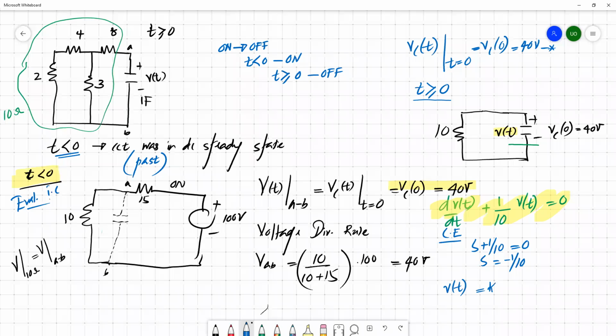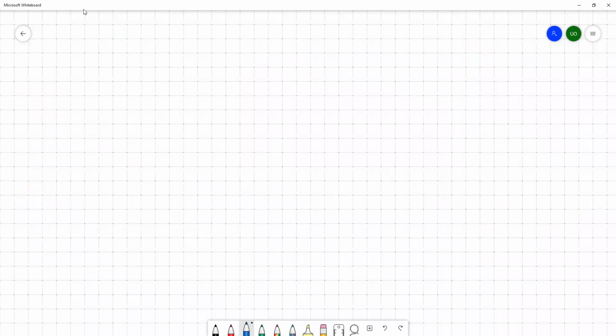Then it's a matter of finding this K. How do you find K? We know that V_C(0), the voltage across the capacitor at t equals 0, is 40 volt.